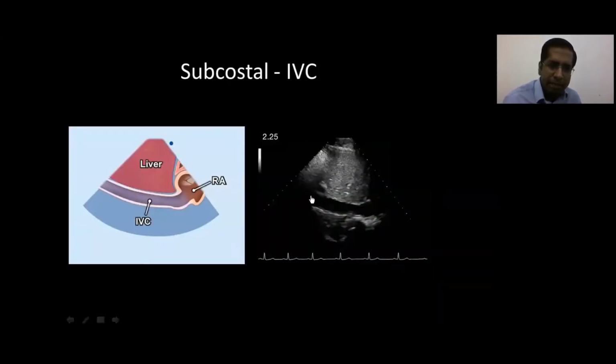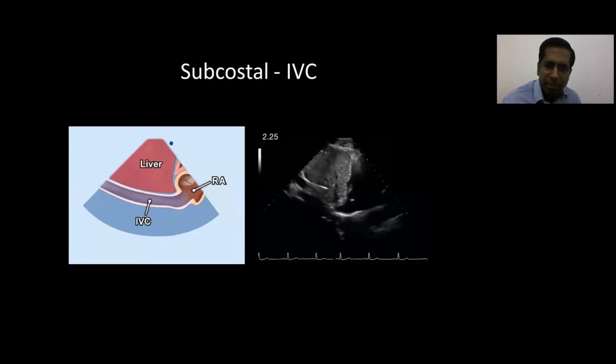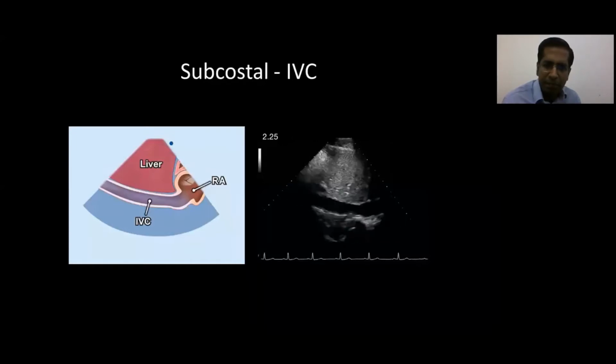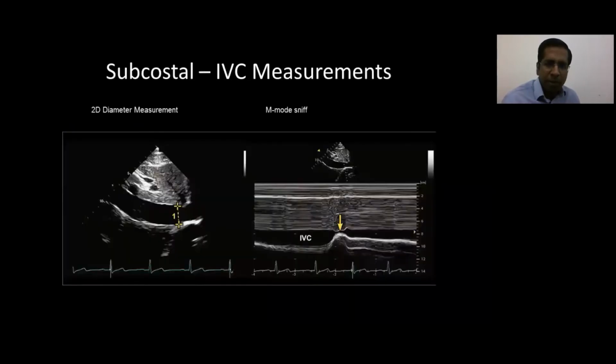These are my last few slides. This is to look at the IVC. So what you can see here is how the IVC also collapses with respiration, and you can see how it is aligned. You can see the liver here on top, and you can see the right atrium, and you can see the eustachian valve also.